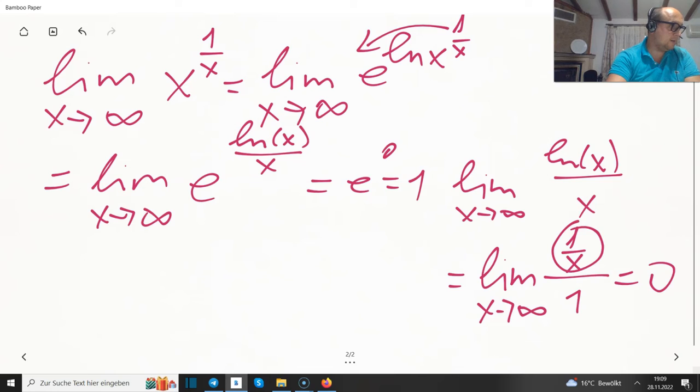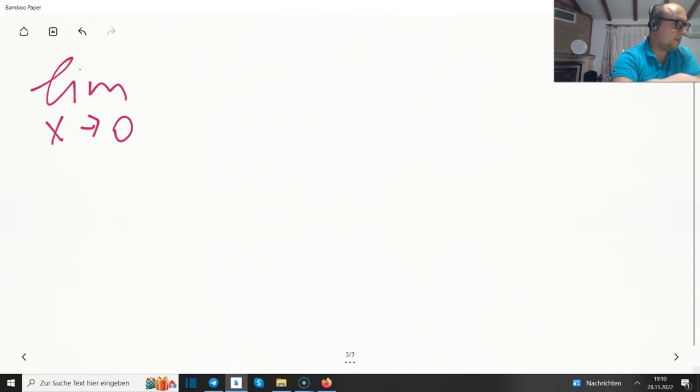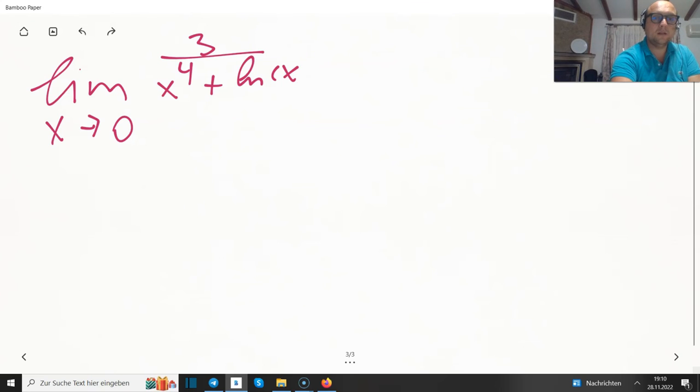And, well, let's do maybe the third. Which one is nice? I don't know. Let's maybe do this one. Limit as x tends to 0. I think it's 3. I cannot read it exactly here. This Demidovich book. Okay, is that correct? No, it's not. Sorry. It would be a very easy limit to handle.